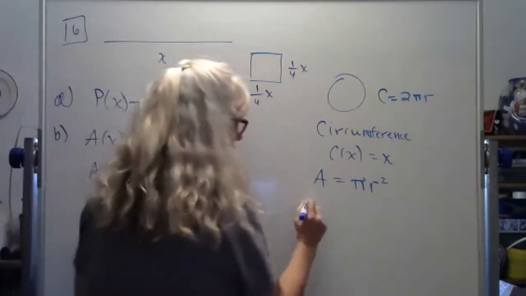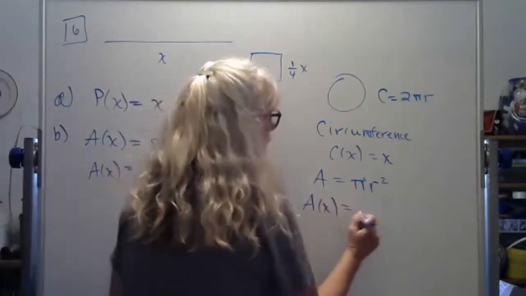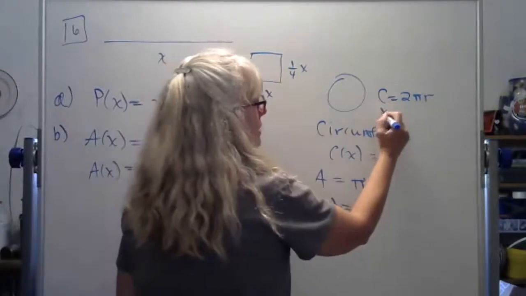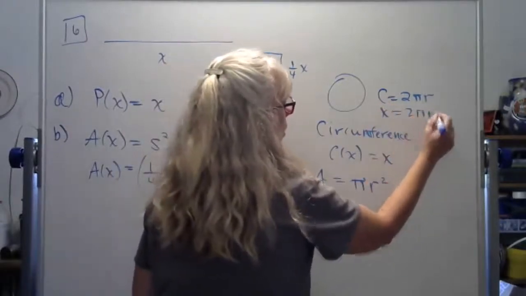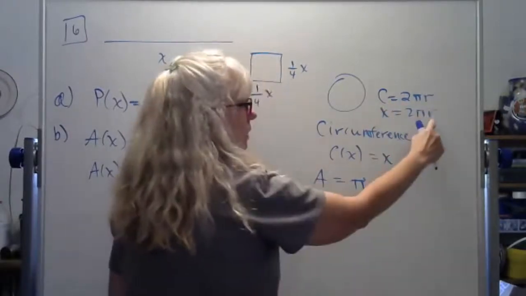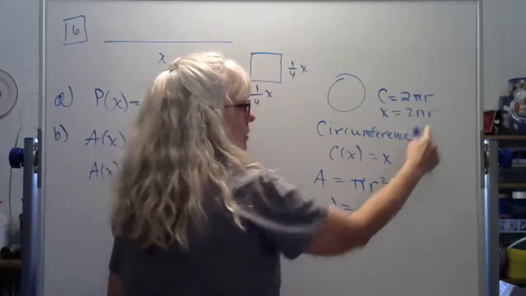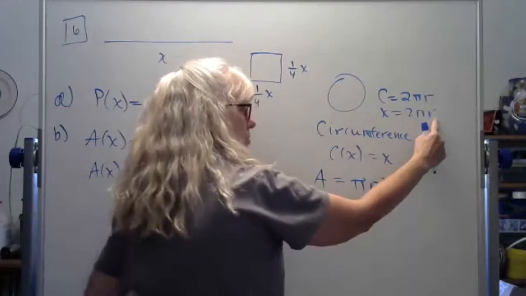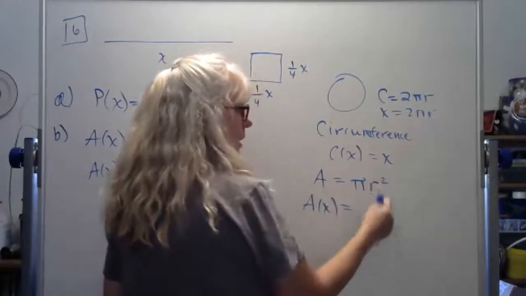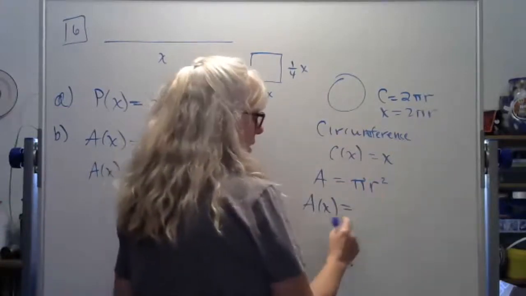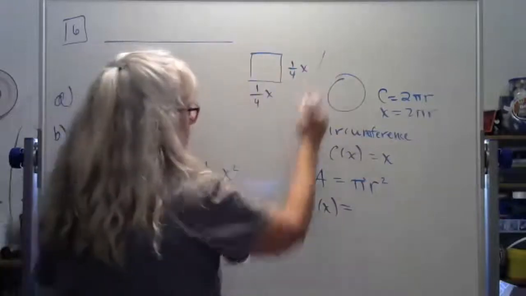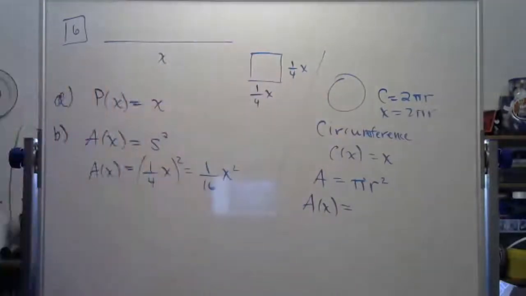You need to write this area function in terms of x. Well, we know that x is equal to 2 pi r. Can't you solve this for r and then substitute it in down here? So if you solve this equation for the circumference in terms of r and plug that in down here, you'll get an area in terms of x. So that's the one that's on your homework.